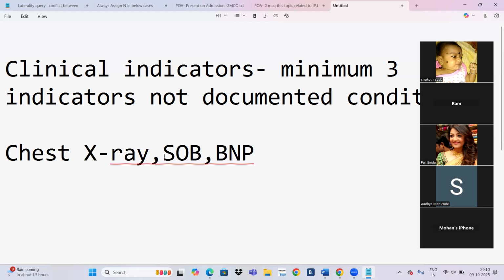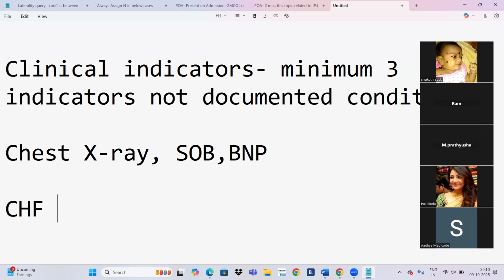Chest X-ray, SOB, BNP. They performed these. Suppose they did not document it. Based on these indicators, we need to raise the query for CHF.